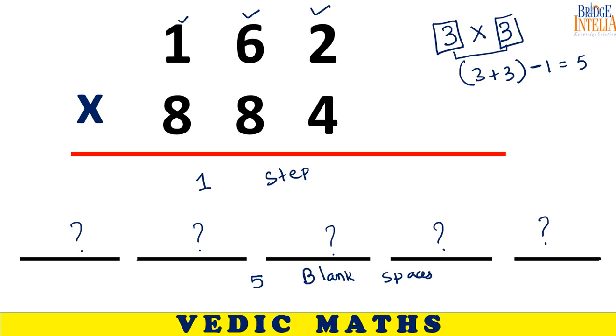So this is the trick: in one single step you give the complete answer. Giving the answer means filling these 5 blank spaces. Since the multiplication involves 3 digit into 3 digit, 3 plus 3 minus 1 is equal to 5. Therefore 5 blank spaces.